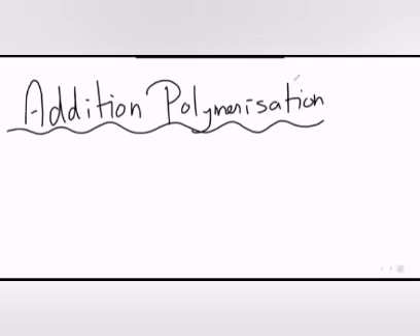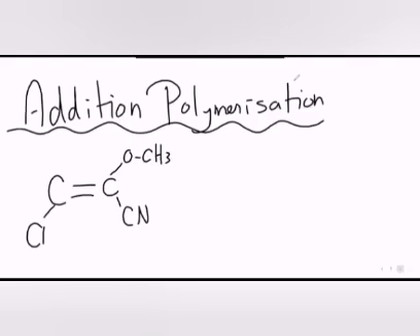Proceeding to addition polymerization, which is related to alkenes as it happens by opening the double bond. Now focus, please. If you have such a compound, and we want to draw the polymer chain showing 2 repeat units, step 1, put the carbon-carbon double bond as a single bond.